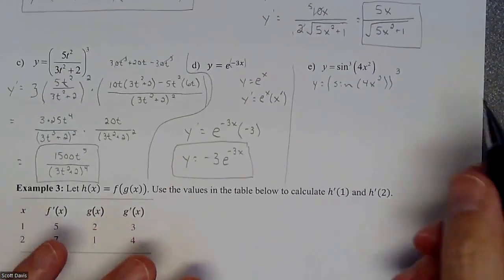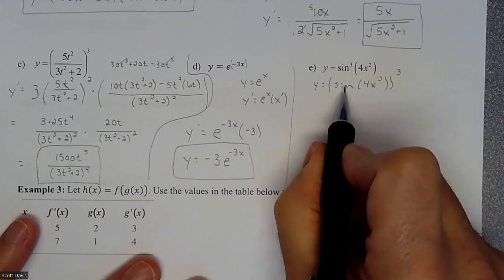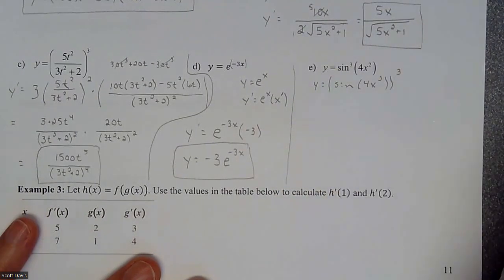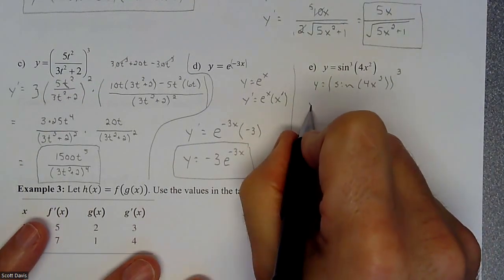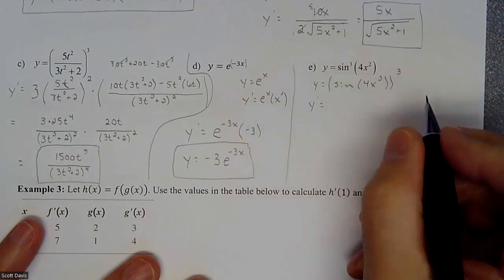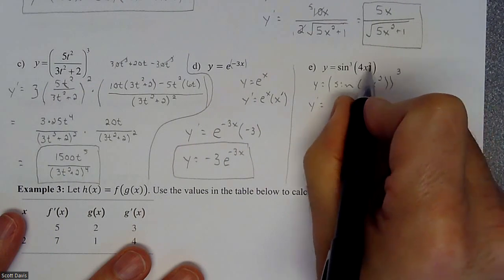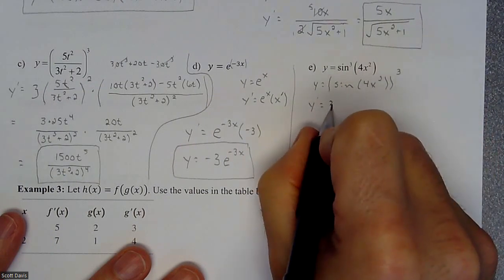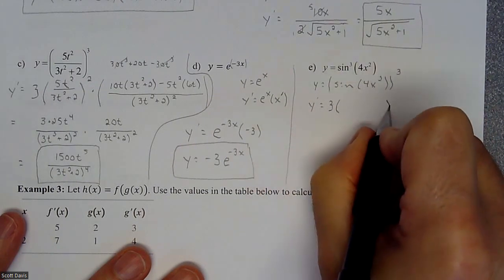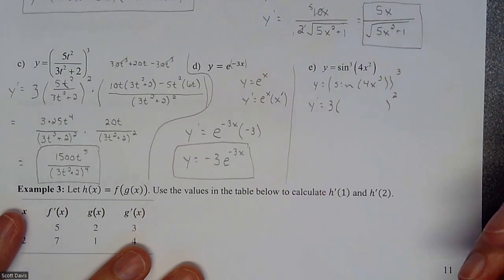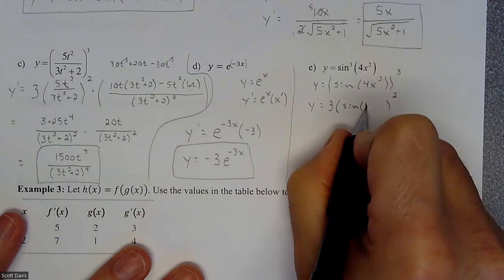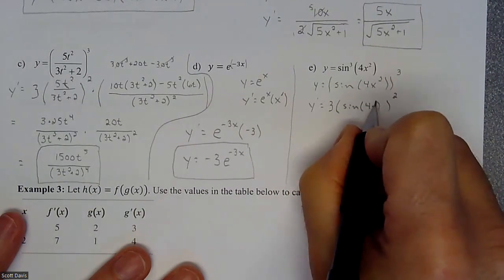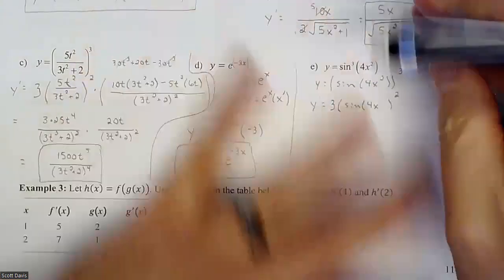Technically, we have a function within a function within a function, so we have a chain rule that's going to be applied a couple of different times. Let's work through the outside. The derivative of the outside: 3 comes down, and nothing changes on the inside, so sine 4x squared.